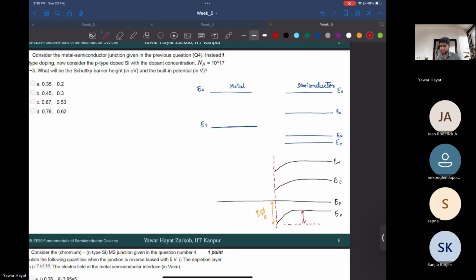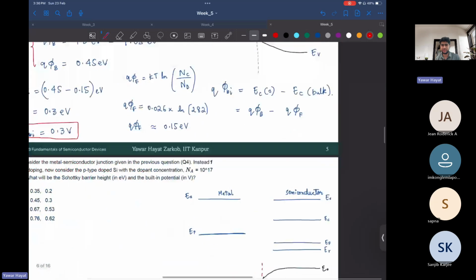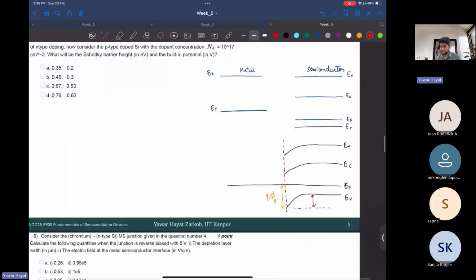In the previous problem, we defined it to be EC0 minus EC bulk, but EC and EV track each other, so we can likewise say EV0 minus EV bulk. So compute these two and let me know the answer.